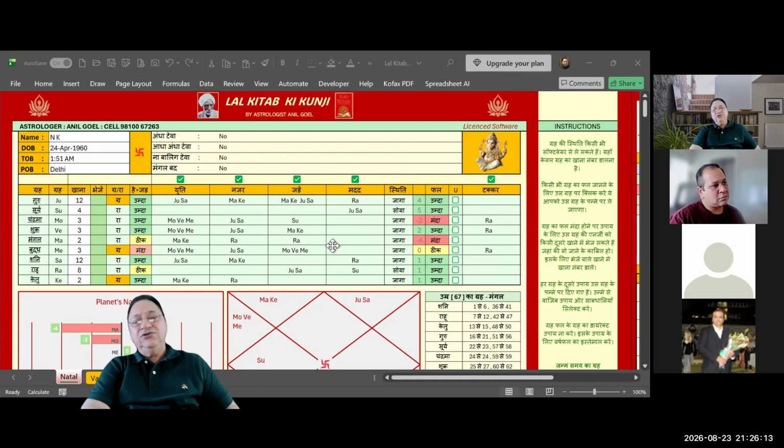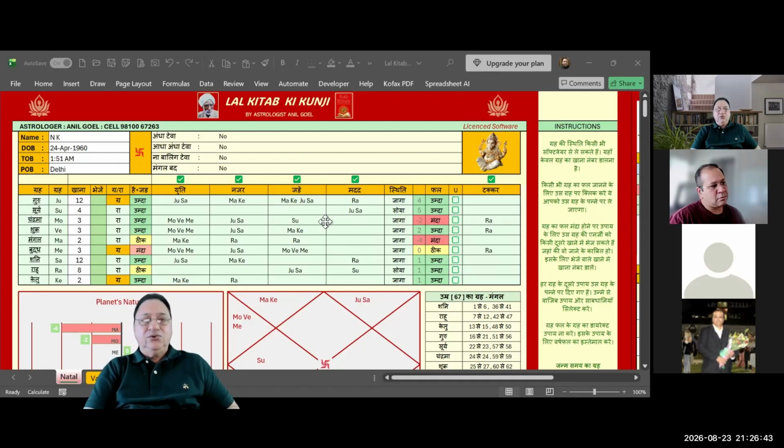In Vedic astrology, the remedies you will find, you will not understand. Most of them are based on mantras or yajnas. Here you can do remedies based on our day-to-day household things. And most of the people, even if they are doing Vedic astrology or KP astrology, mostly use the remedies given in Lal Kitab.